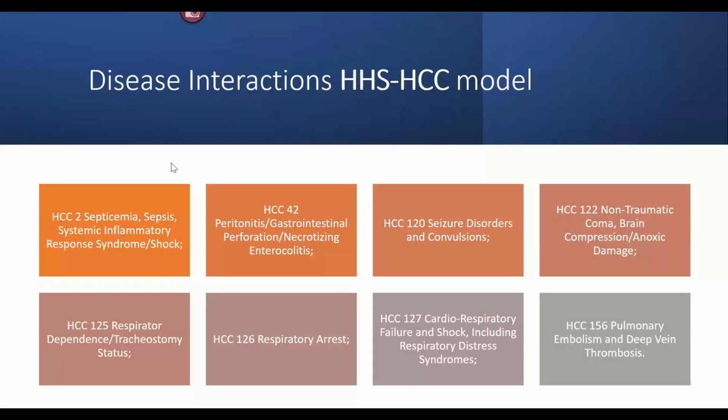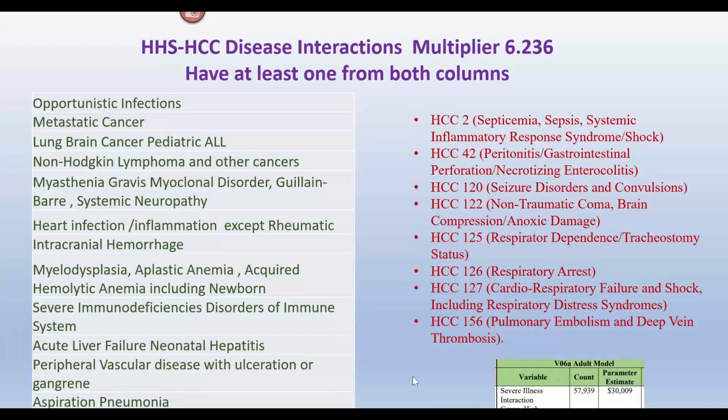The disease interactions are very important. Any of your patients that would have septicemia, peritonitis, seizures, coma, pulmonary emboli, respiratory failure, respiratory arrest, respiratory dependence, if they have any of these conditions, all of these here on the right side, with any other category on the left side here: an opportunistic infection, lung or brain cancer, pediatric ALL, non-Hodgkin's lymphoma, myelodysplasia, liver failure, neonatal hepatitis.